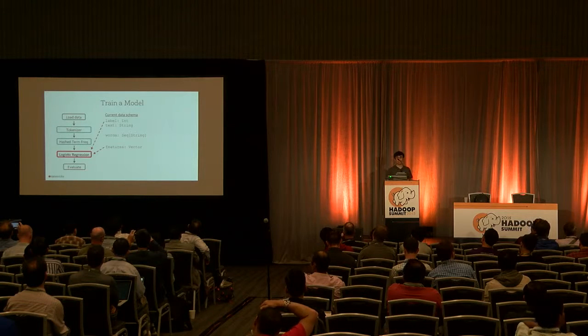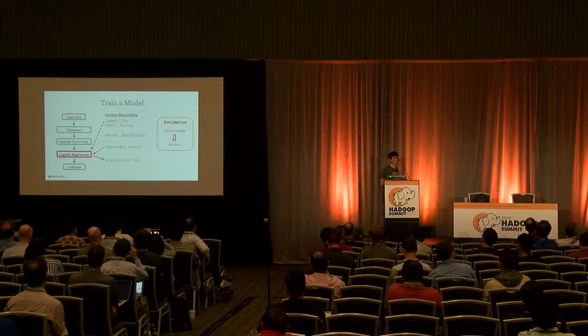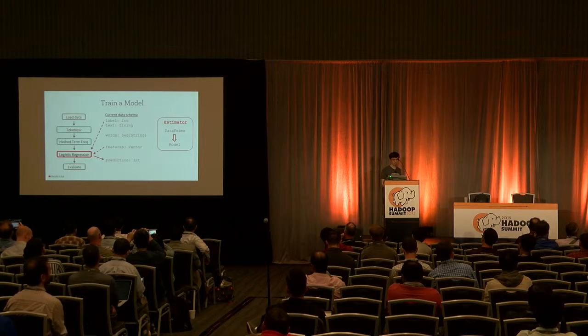It'll train a logistic regression model, and then that model can output a new column, which is the predictions, again, an integer, which is just that model's estimate of the label for each of the rows in our data set. So this is red, indicating that it's an estimator abstraction, which takes a data frame and outputs a model.